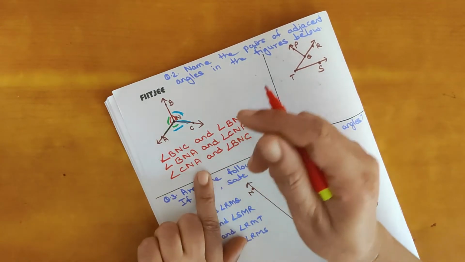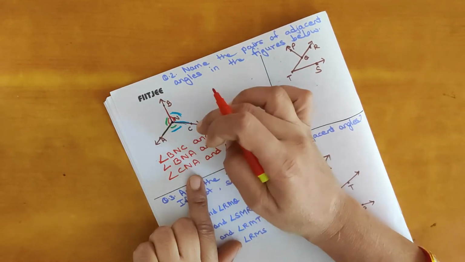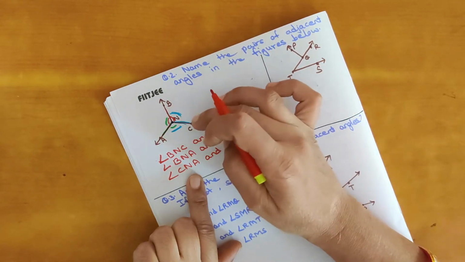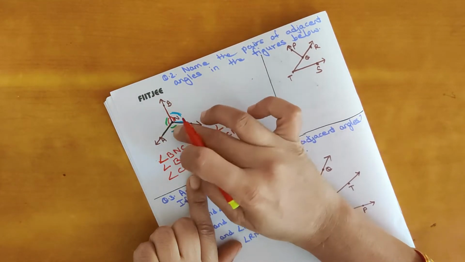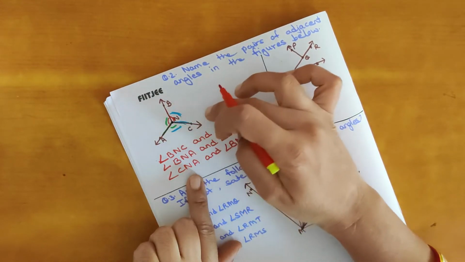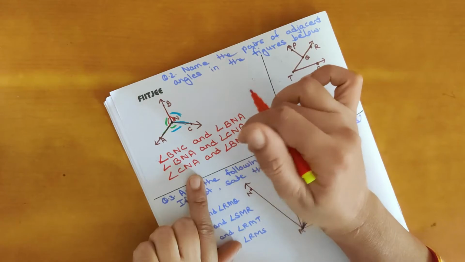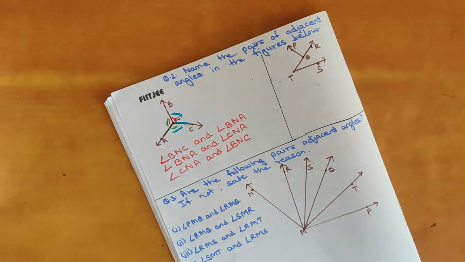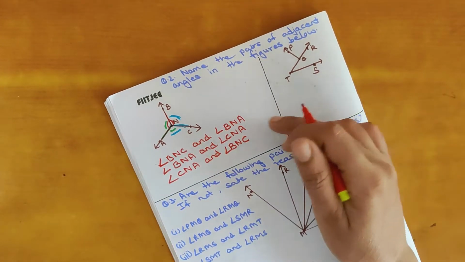Can you see here, angle CNA and CNB, the common arm you will get is CN.